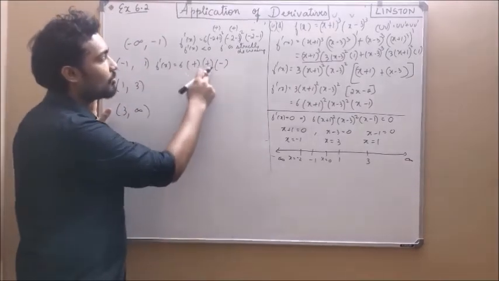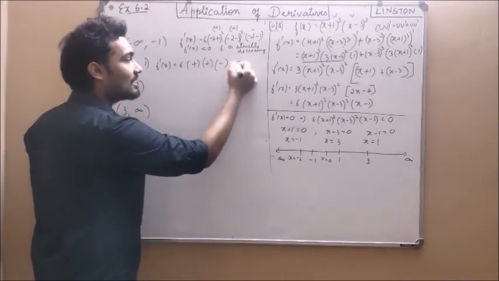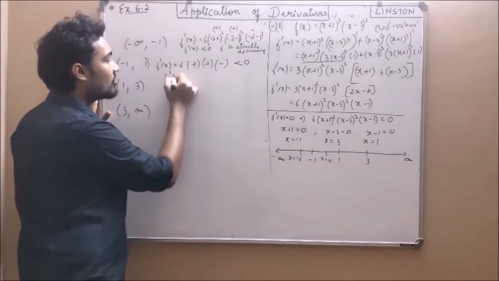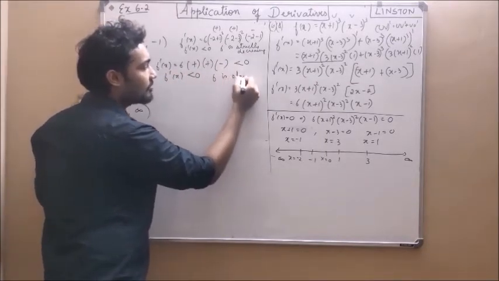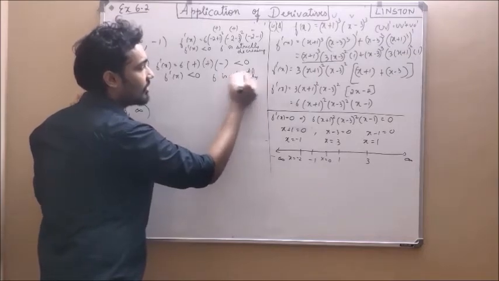So positive into negative is negative. Therefore f dash of x is negative, so f is strictly decreasing.